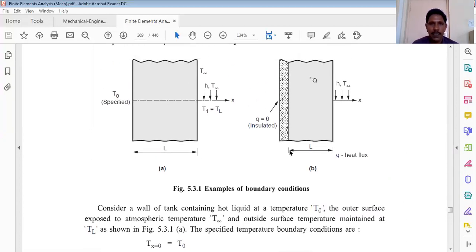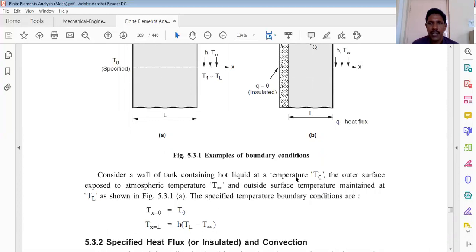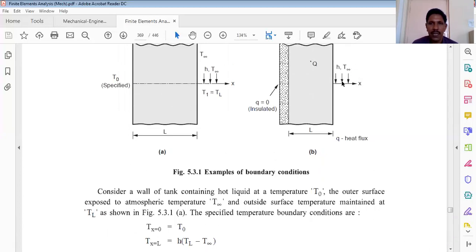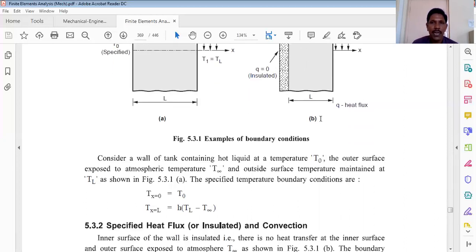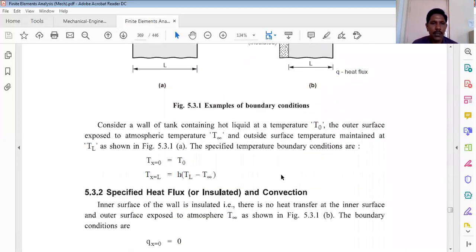So looking at this figure, at the innermost portion, it is completely insulated, and there is a convective heat transfer coefficient at the right side. So on the outer surface, there is a specified convective heat transfer, and on the inner surface, it is completely insulated, meaning that the heat flux is 0 here, and we have to note the heat flux at this location. So the other boundary condition in a heat transfer problem is the specified heat flux or convection boundary condition.